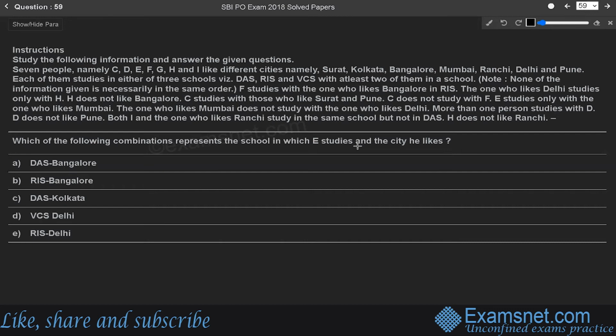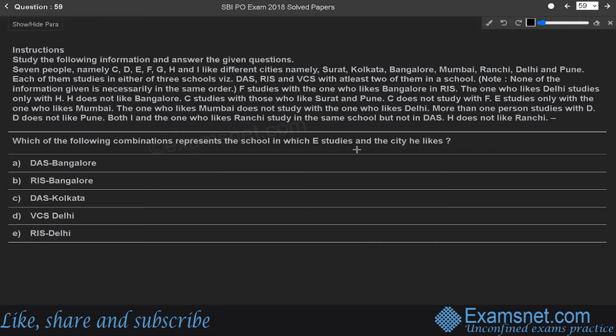F studies with one who likes Bangalore in RIS, the one who likes Delhi studies only with H. H does not like Bangalore. C studies with those who like Surat and Pune. C does not study with F. E studies only with the one who likes Mumbai. The one who likes Mumbai does not study with the one who likes Delhi. More than one person studies with D, and D does not like Pune. Both I and the one who likes Ranchi study in the same school but not in DAS. H does not like Ranchi.